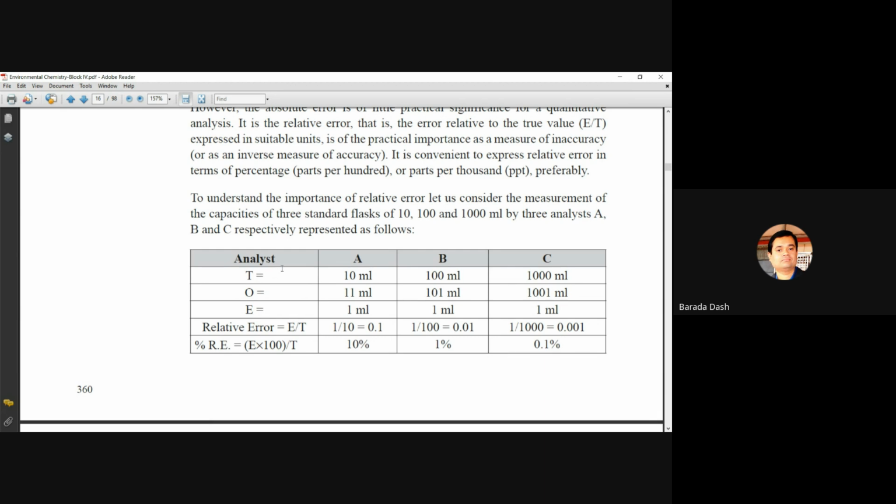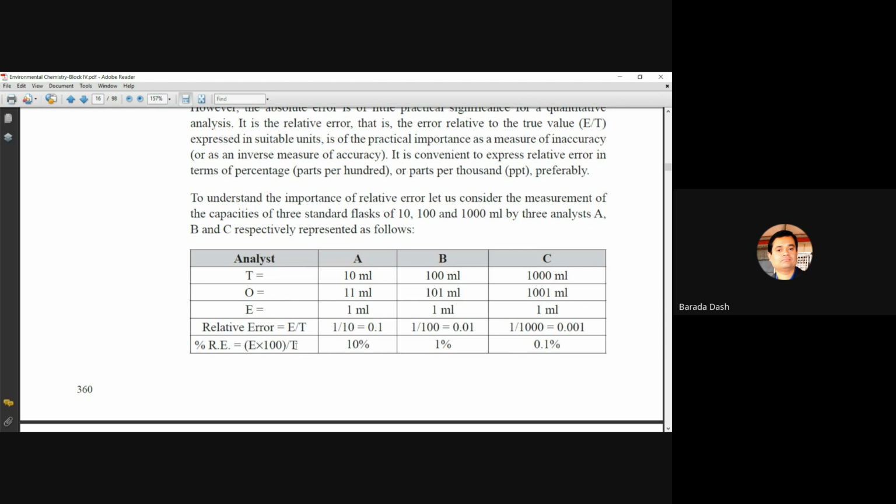To understand the importance of relative error, let us consider a measurement of the capacities of three standard flasks, 10, 100 and 1000 milliliter, by three analysts, A, B and C respectively. The true values are 10 ml, 100 ml and 1000 ml. The observed values we found are 11 ml, 101 ml, 1001 ml. The error is 1 ml in each.